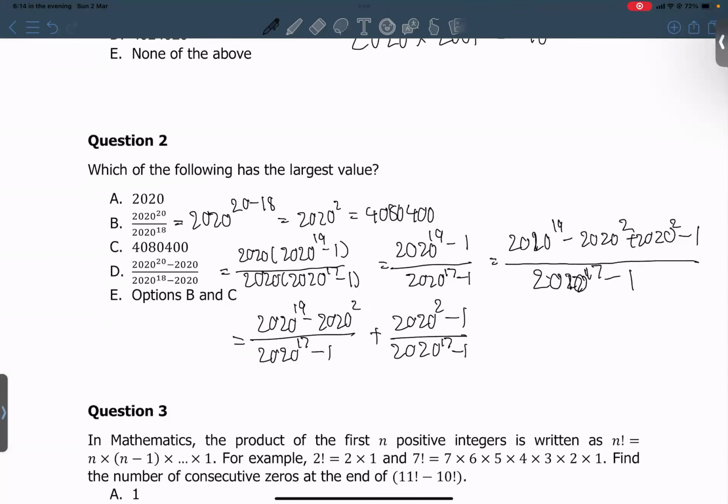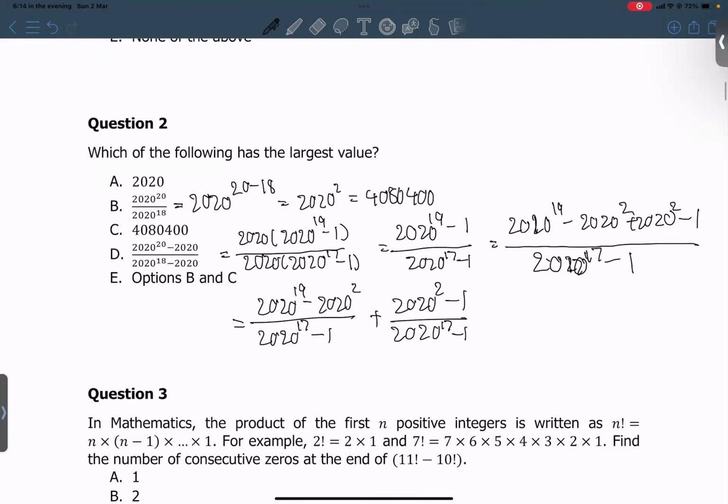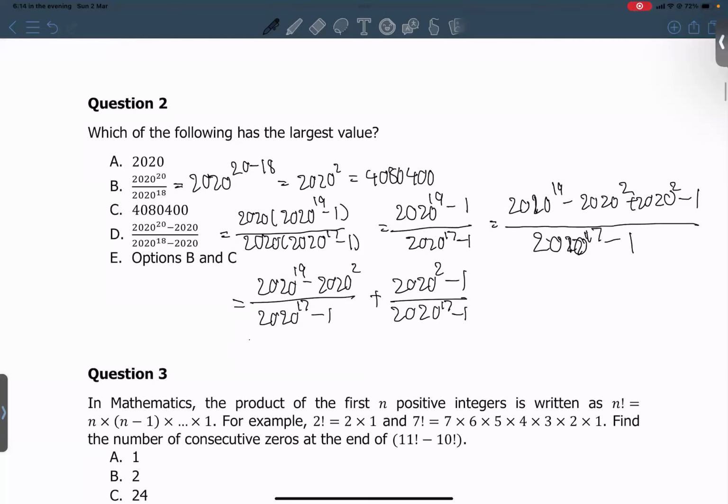In the first fraction, you can take out 2020 squared as a factor. So you'll get 2020 squared times (2020 to the power of 17 minus 1) over (2020 to the power of 17 minus 1), plus the second fraction, which will stay the same.